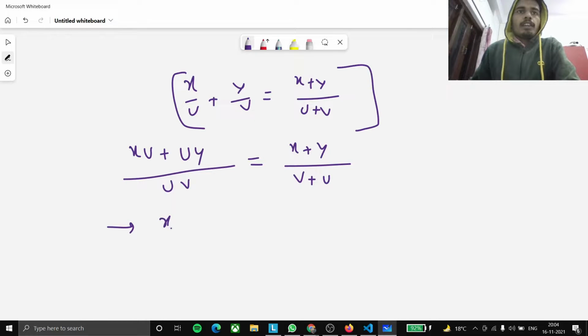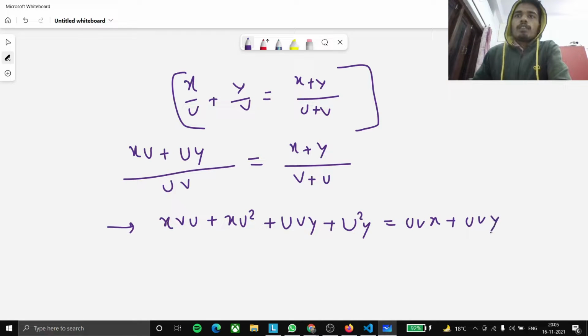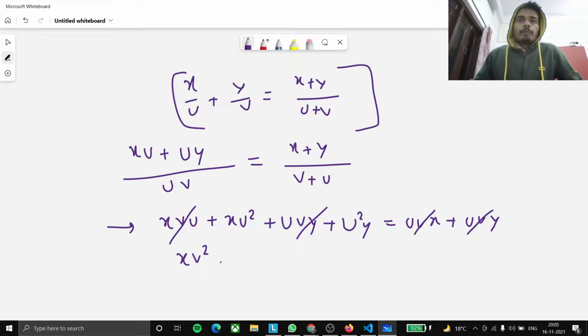Now cross multiplying, we get xvu plus xu square plus uvy plus u square y on one side, and uvx plus uvy on the other. So uvx and uvy cancel out, and what we are left with is xv square plus u square y equal to 0.